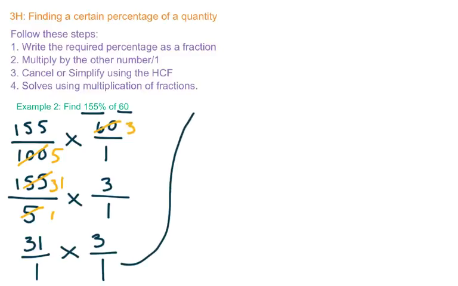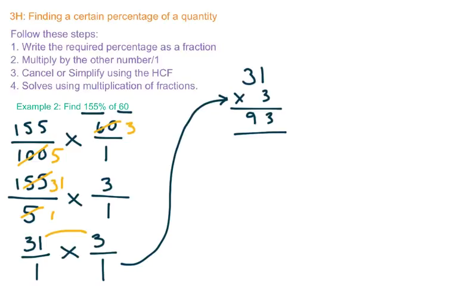I'm going to do an arrow so we can move our working out up here. So, first things first, we're going to multiply our numerators. 31 times 3, well let's do that up here. 31 times 3. 3 times 1 is 3. 3 times 3 is 9.